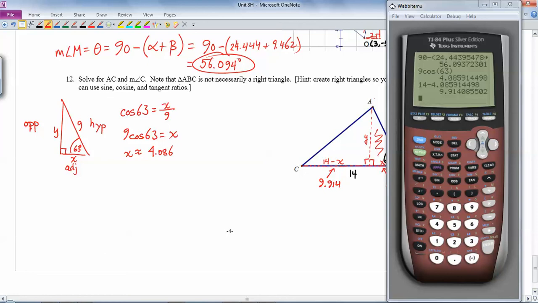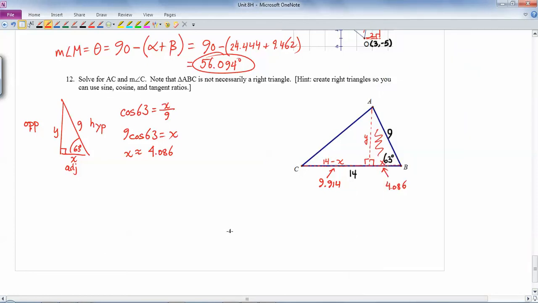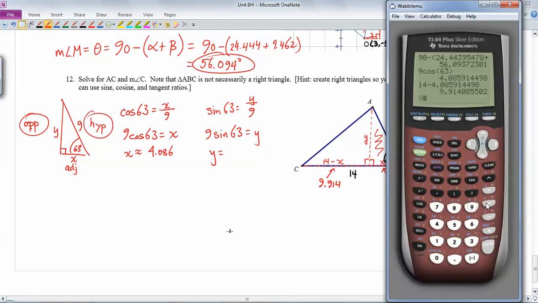Okay, so then we also need Y. So in that one, we're going to use the opposite side and the 9, which is the hypotenuse. The one that uses opposite and hypotenuse is sine. So sine of 63 is going to be Y over 9. And then when I multiply the 9 over, I get 9 sine 63 equals Y. And Y ends up being 9 times sine of 63 degrees.